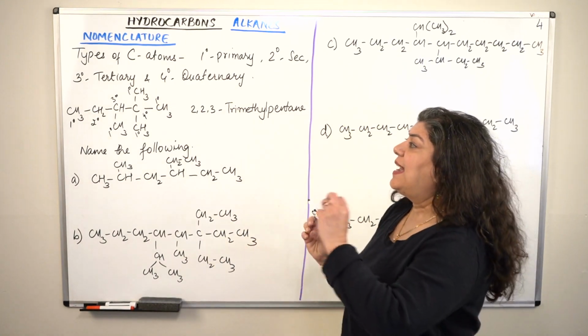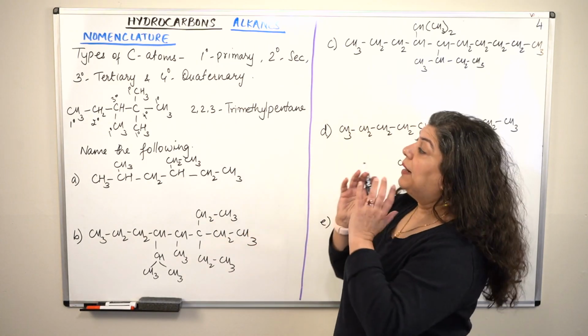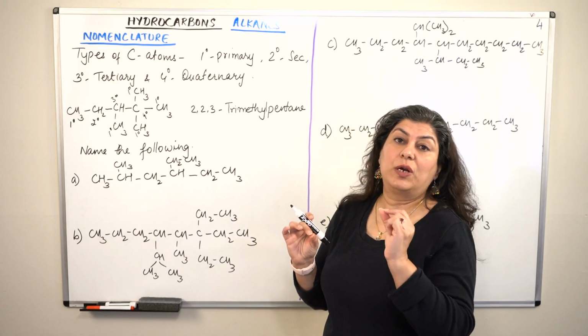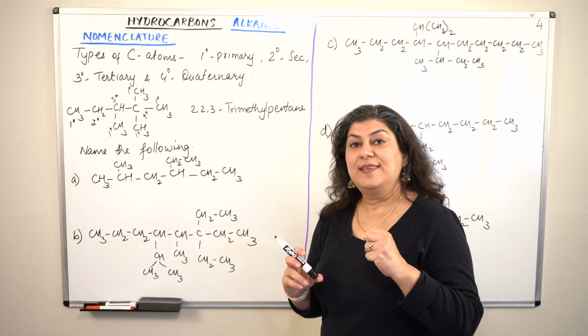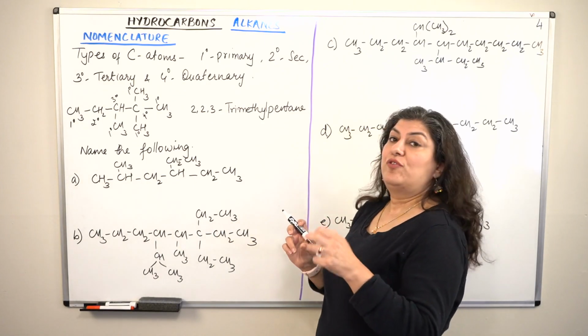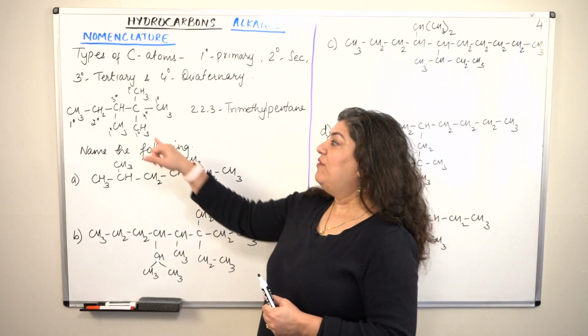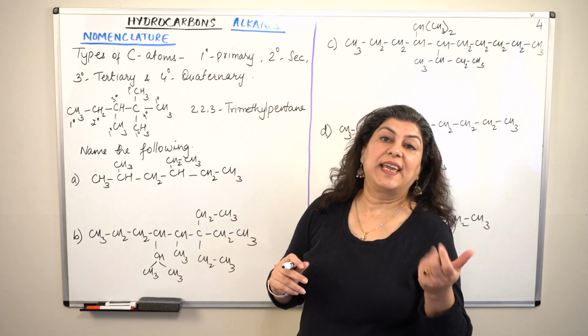So you can assign the primary, secondary, tertiary and quaternary carbons by looking at the number of bonds that particular carbon is forming with other carbons. Now why is it important? Why am I talking of this before I go to nomenclature? Because in nomenclature sometimes we do use these prefixes, that is whether the carbon is secondary.